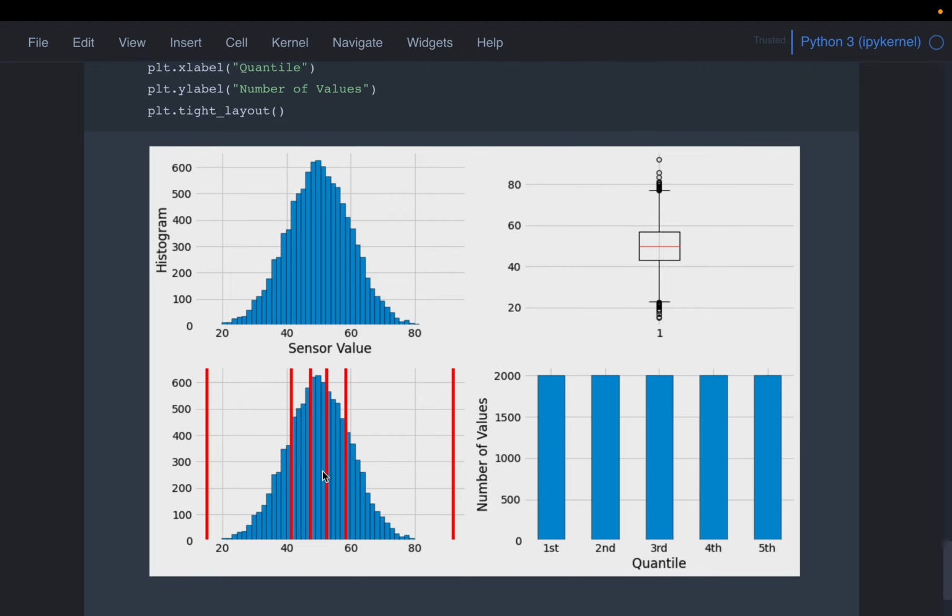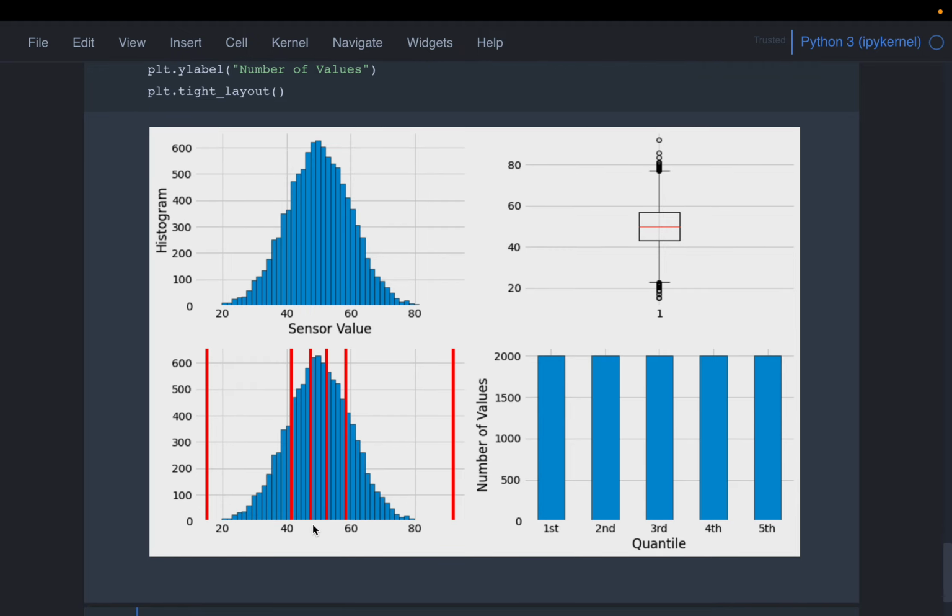Whereas here now we don't have the median because we don't have the 50th percentile. But this vertical line represents the 20th percentile. This is the 40th, this is the 60th, and this one is the 80th, and this one would be the maximum value.